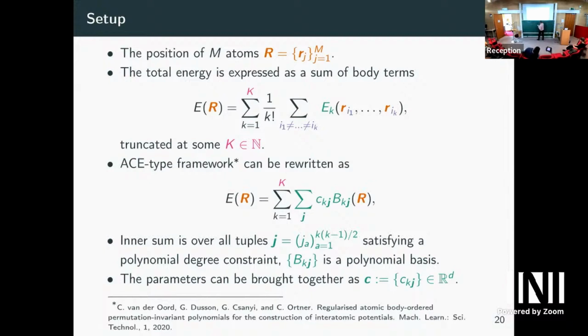So the general idea is that you have a k-body term, which looks at positions of k atoms, and then the sum there is basically the index i_j goes from 1 to the number of atoms.